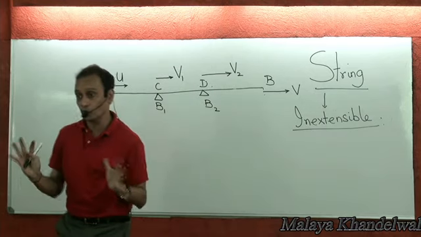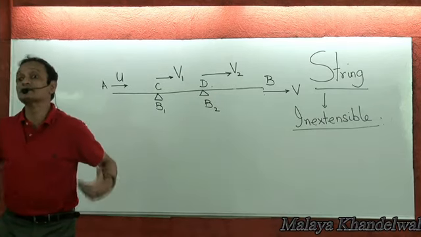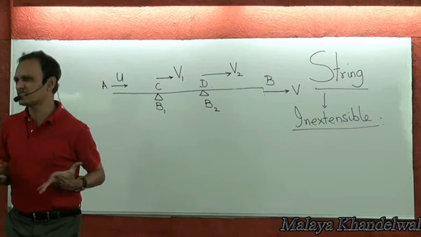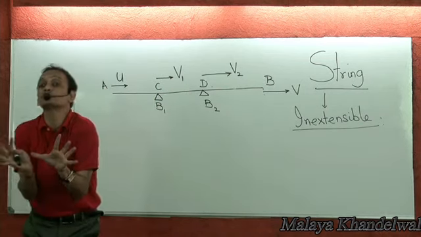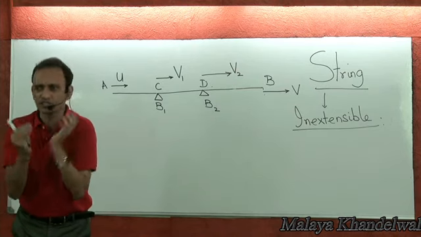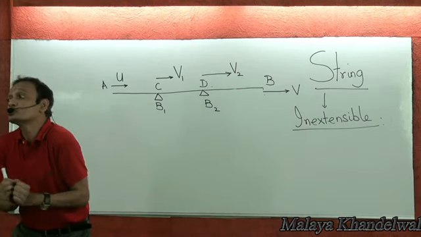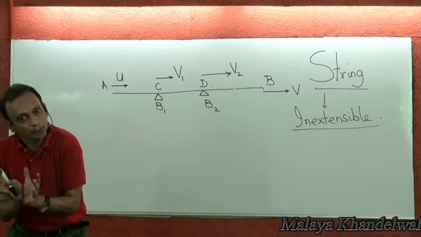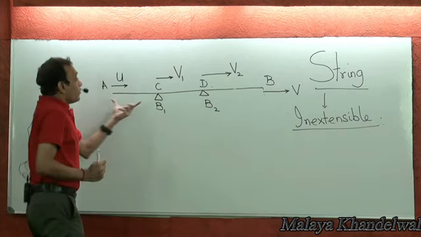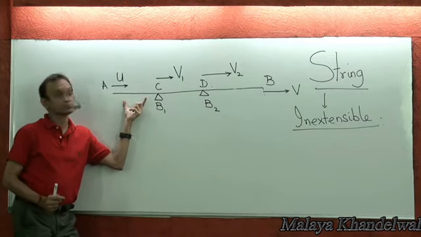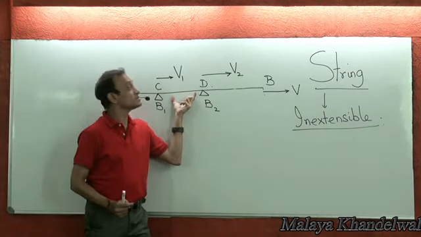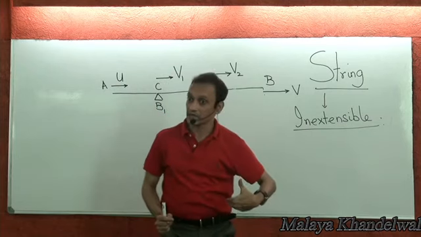The string has three segments by virtue of two bridges. Sometimes I'll refer to C and D as nodes, moving bridges or moving nodes. Clear?